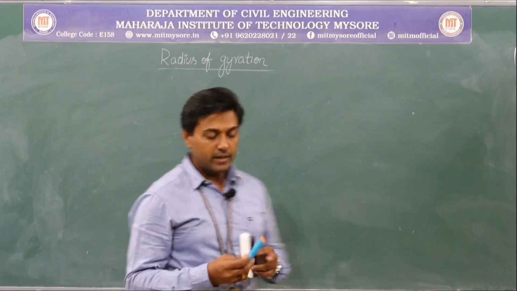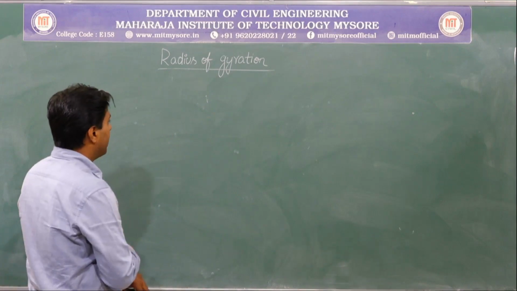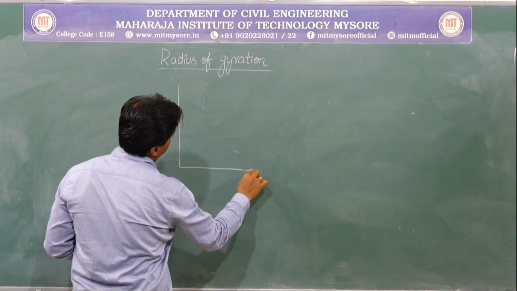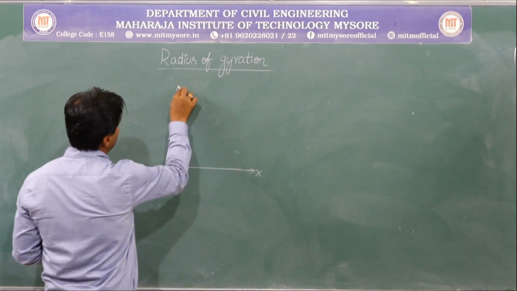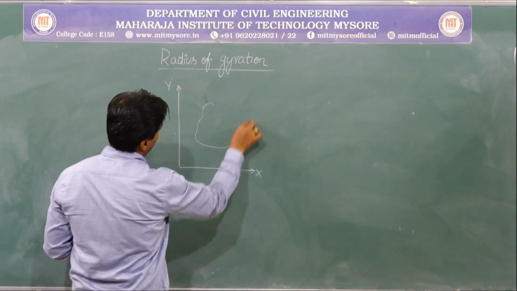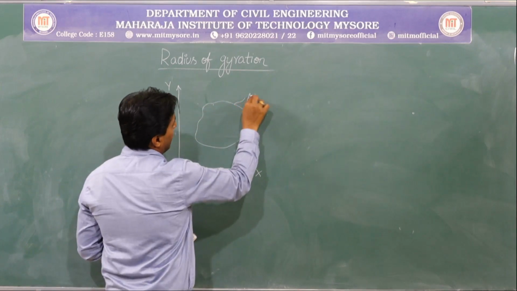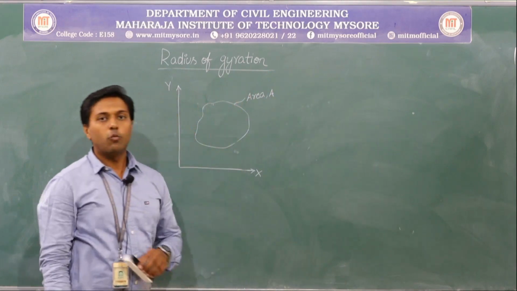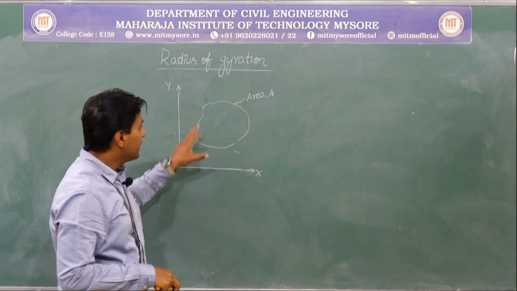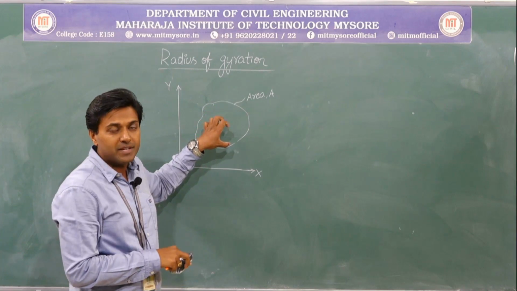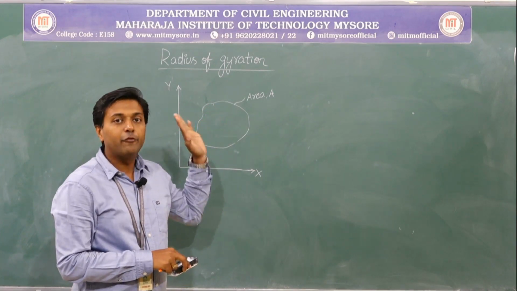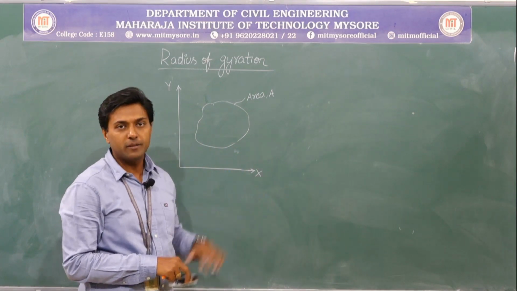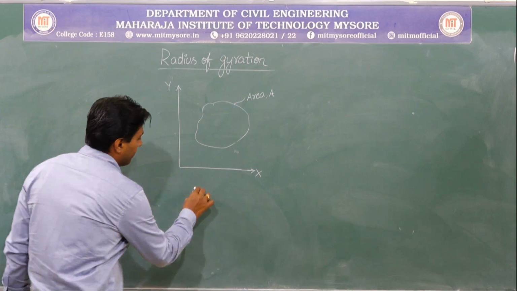So let me draw the diagram and then try to explain. Let me consider that there is an object in the xy plane, and the area of that is capital A. What I will be doing is concentrating this object and squeezing it to form a standard geometrical shape, and let me think that this shape is a rectangle.